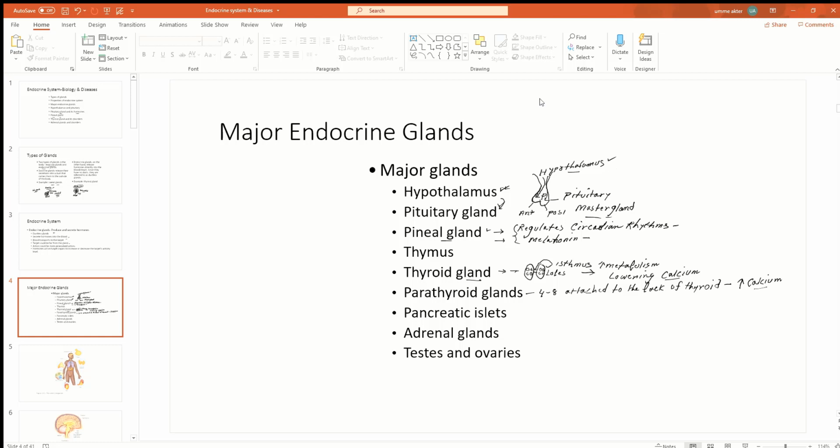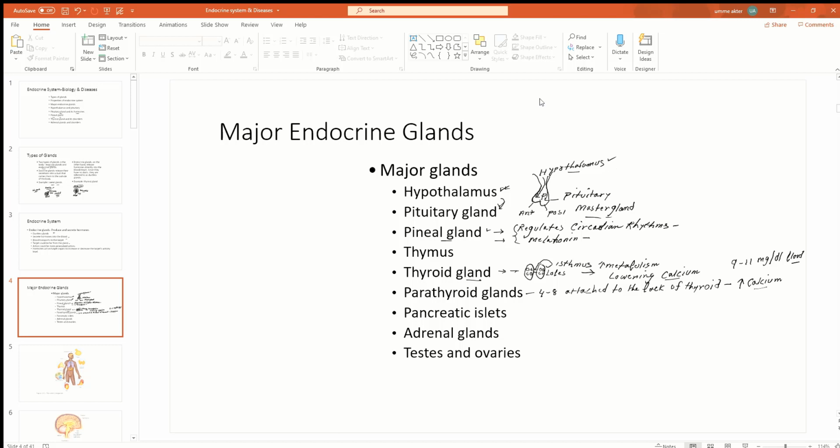So by the action of these two, your blood calcium concentration is regulated, and the calcium concentration in your blood must be maintained between 9 to 11 milligram per deciliter of blood. Okay, deciliter means 100 milliliter of blood, 9 to 11 milligram.